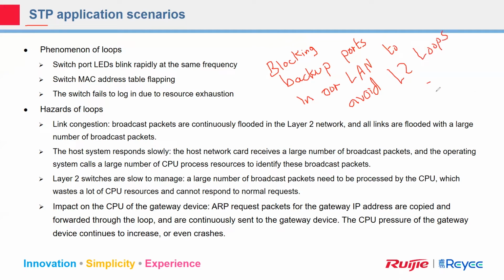It's called Spanning Tree Protocol. Okay, it's simply blocking backup ports in our LAN to avoid layer 2 loops.